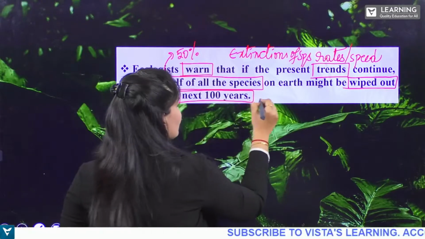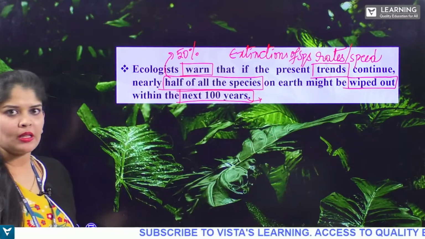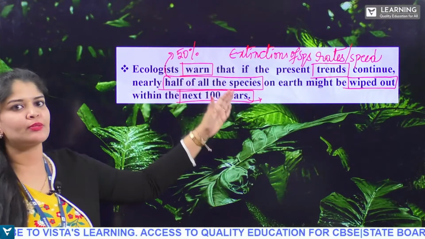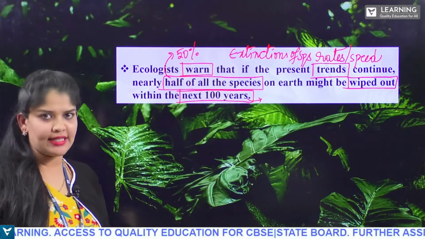The next 100 years is a very, very small time to see that 50%, half of all the species, is going to go extinct.